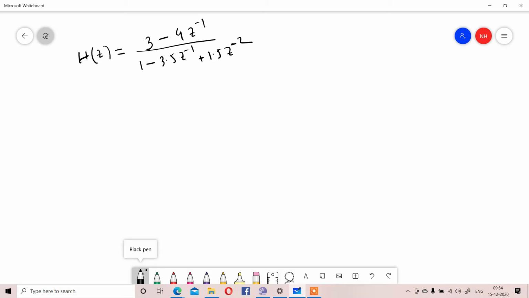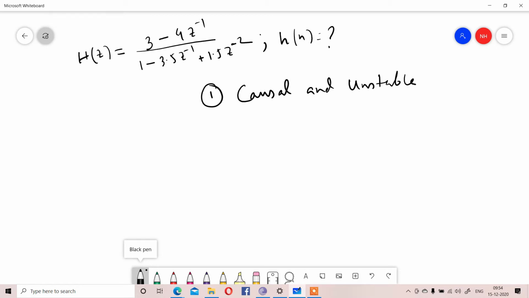That is your H(z). You have to calculate h[n], where the conditions are given. First condition is the system will be causal and unstable. For the first condition, you have to write down the result h[n] in such a way that h[n] defines causal and instability.